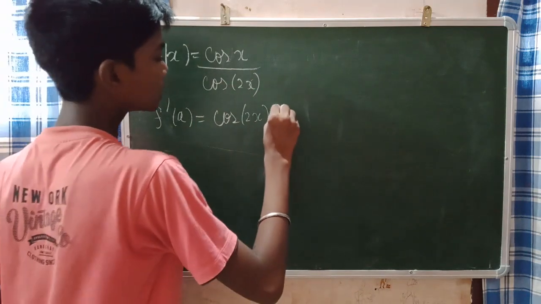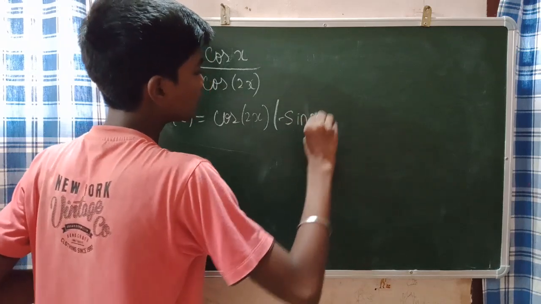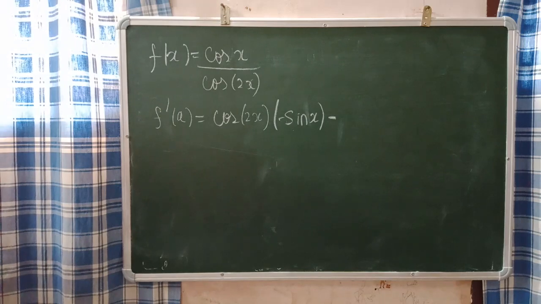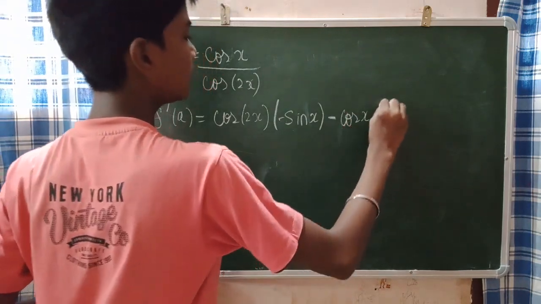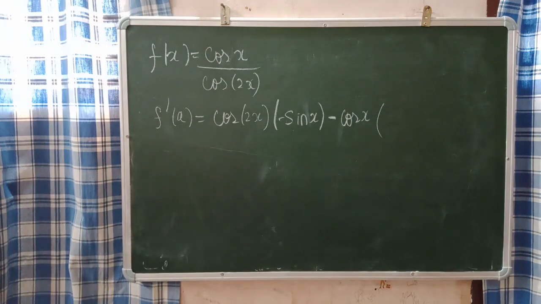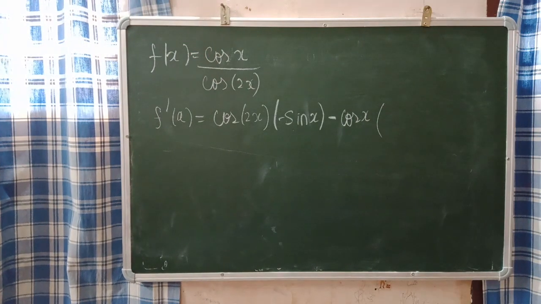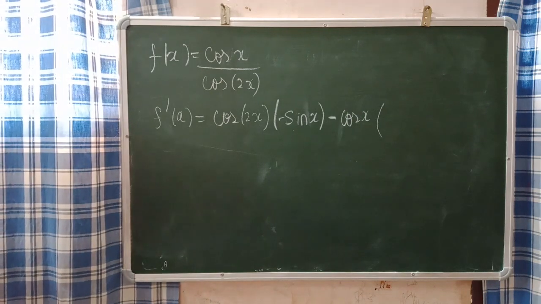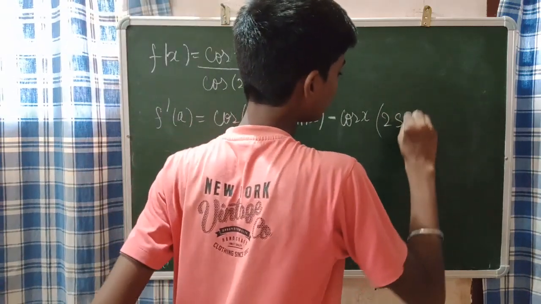Derivative of cos x is minus sin x. Then minus of numerator cos x, then into derivative of the denominator. That's the basic concept. So what is the derivative of your denominator? 2 sin of 2x, because the derivative of cos 2x is minus 2 sin 2x.